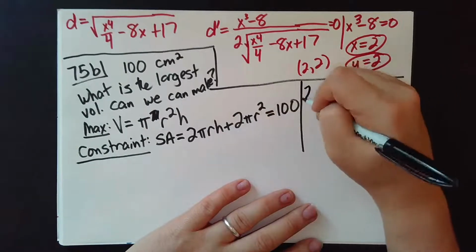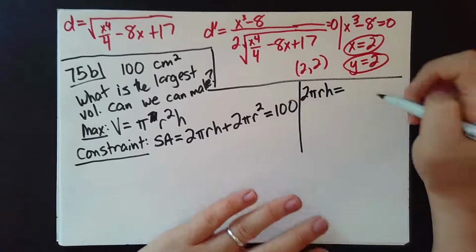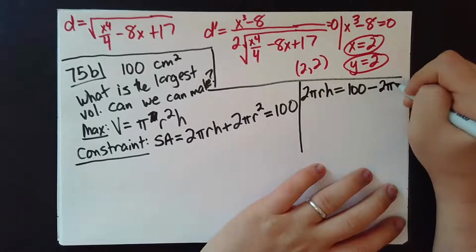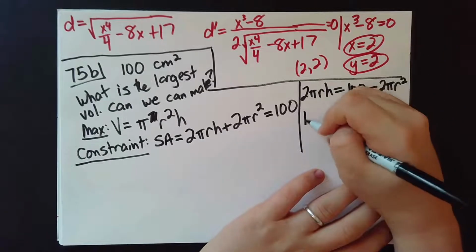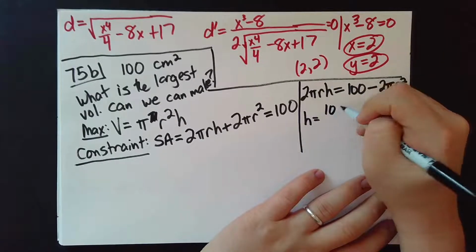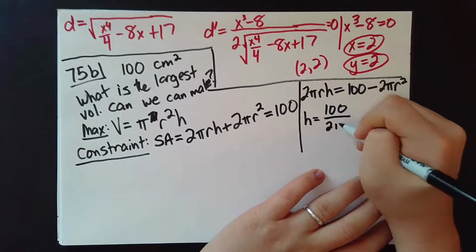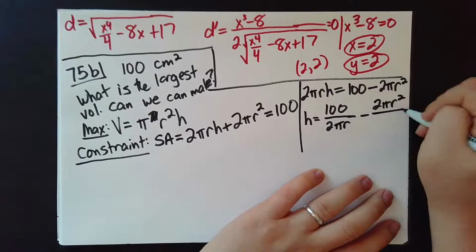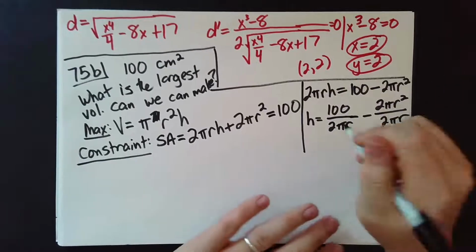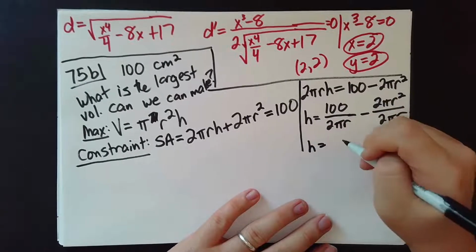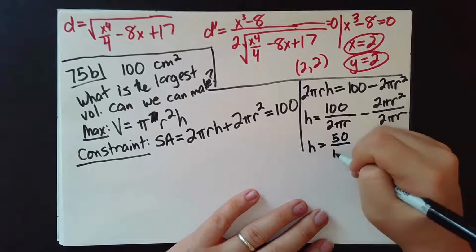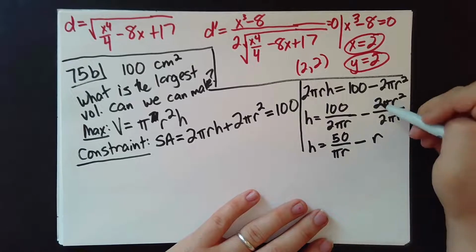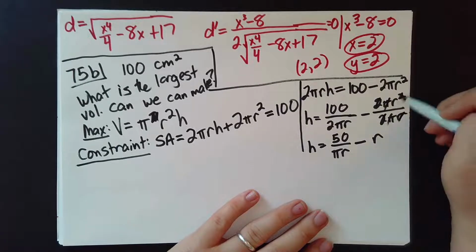So I will get 2 pi r h equals 100 minus 2 pi r squared. And so h is going to be 100 over 2 pi r minus 2 pi r squared over 2 pi r. And that's going to say that h is 50 over pi r minus, and then that's just going to simplify to r because the 2's will cancel, the pi's will cancel, and the r will cancel with one of the r's.